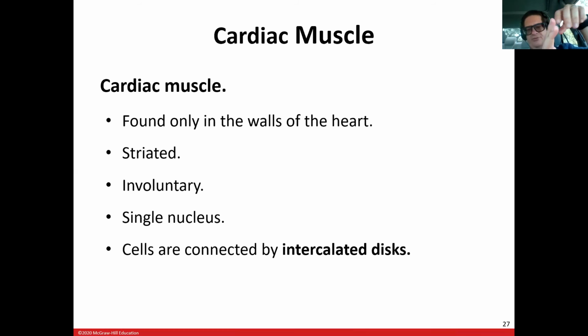Stuff passes right through the holes. That's what an intercalated disc is. Heart cells are all connected to each other. If you have a buildup of ions in this cell, they're going to drift over into that cell. That's actually really, really good.